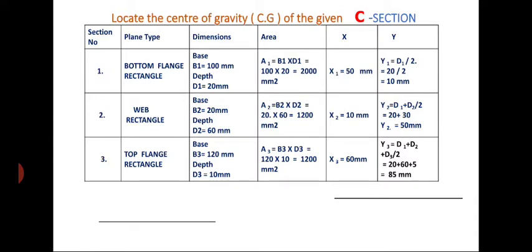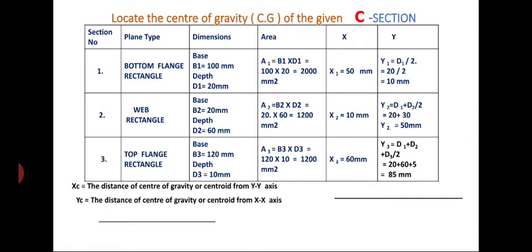From the general expression, x is the distance of the centroid or center of gravity of the entire C section from the y-axis, and y is the distance from the x-axis. Now x equal to A1 x1 plus A2 x2 plus A3 x3 by A1 plus A2 plus A3. Answer is x equal to 41.81 mm.